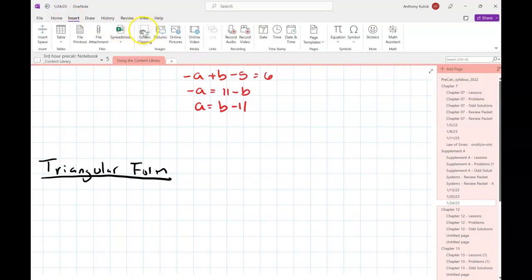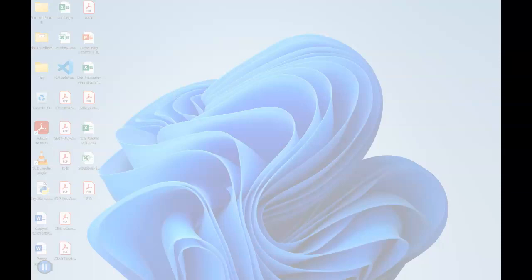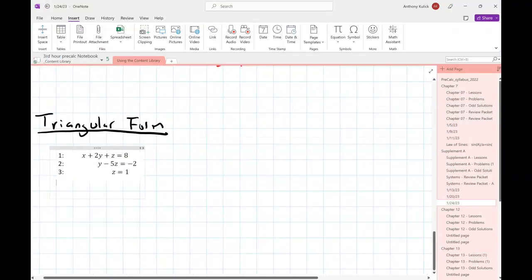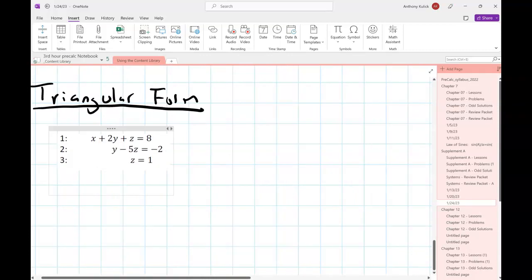I mean that each equation in my system has one fewer variable than the preceding equation. So, for example, this would be something that we'd consider in triangular form. Equation 1 has 3 variables, equation 2 has 2 variables, equation 3 has 1 variable.